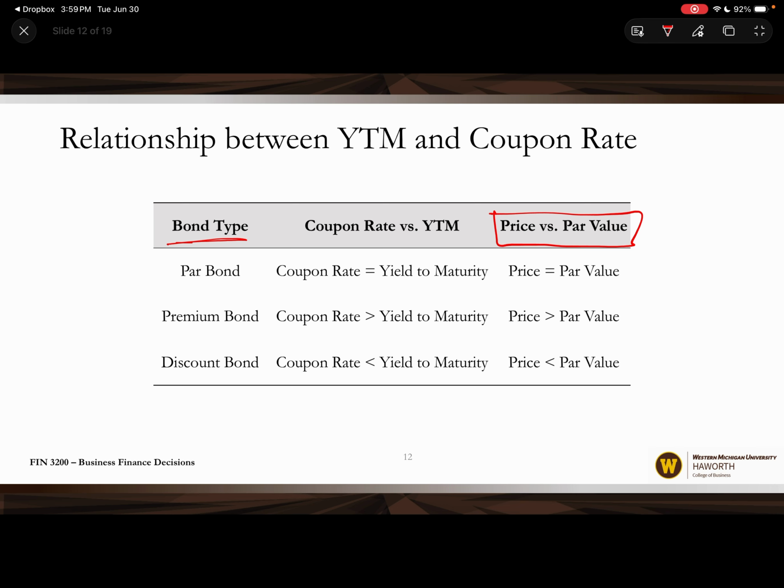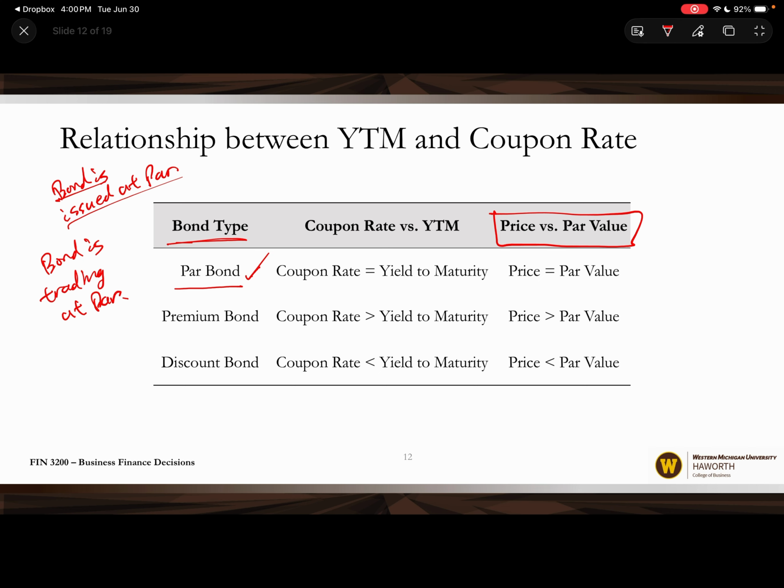Whenever the price of the bond is equal to the par value, we say it's a par bond, or the bond is trading at par. Or when the bond is first issued, we can say the bond is issued at par. It just means the price of the bond when it was issued is $1,000.